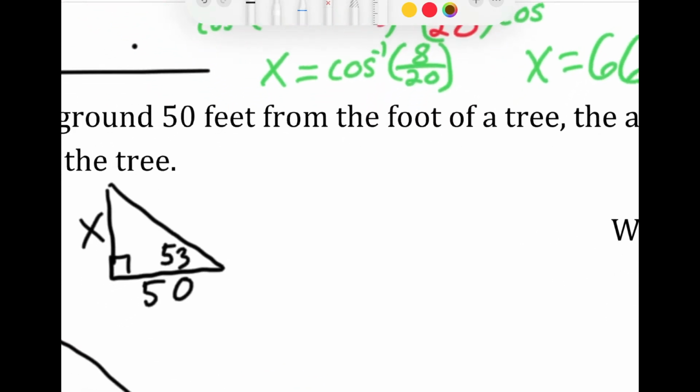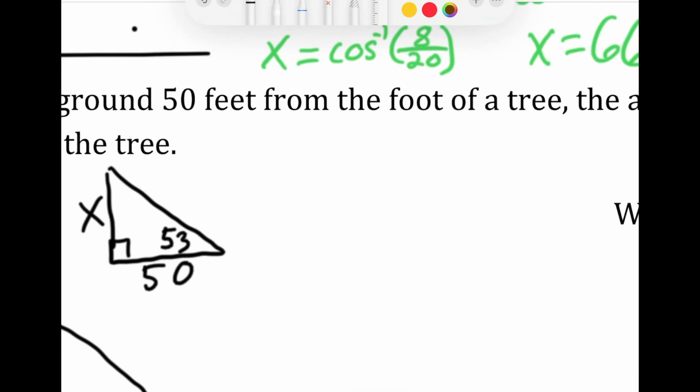And we have to go through those steps again. What do we know? What do we need to know? And which trig function are we going to use? So we know the angle, and we know the adjacent side.